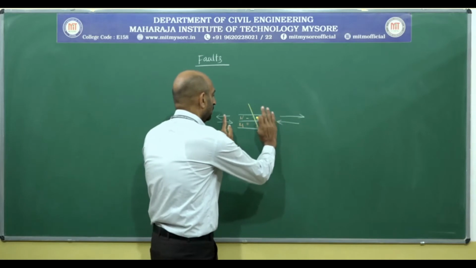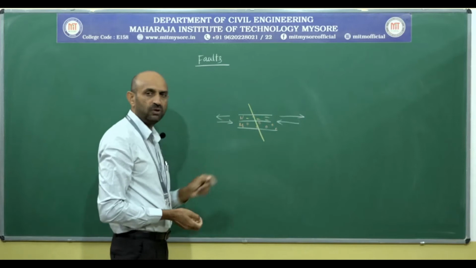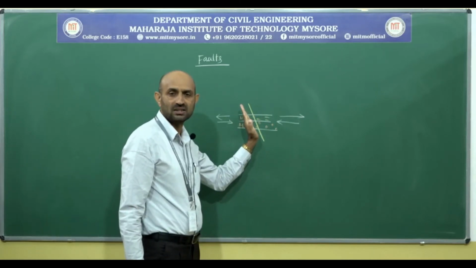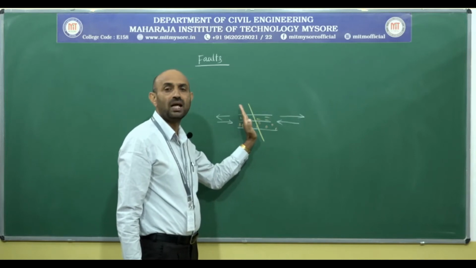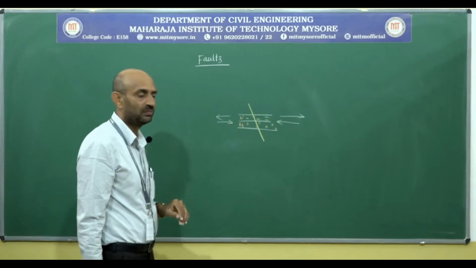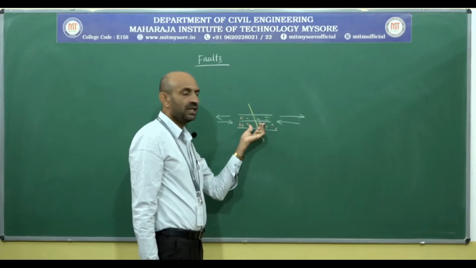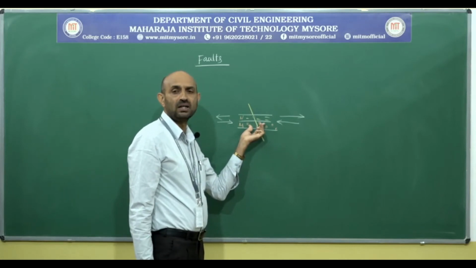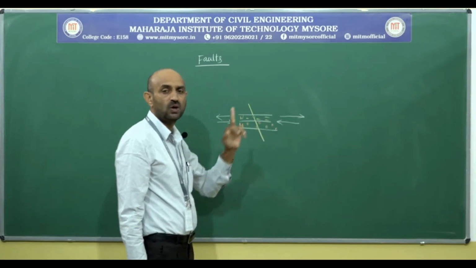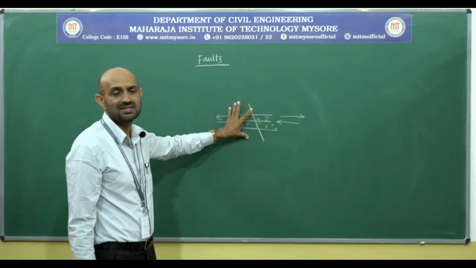Definitely we are going to find a fracture, a divisional plane that divides the rock mass into two parts. Along this plane, there must be displacement. One block has to be moved upward, another block has to be moved downward. Then it is called by the name fault.